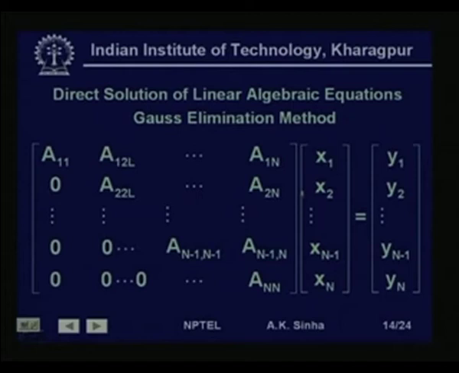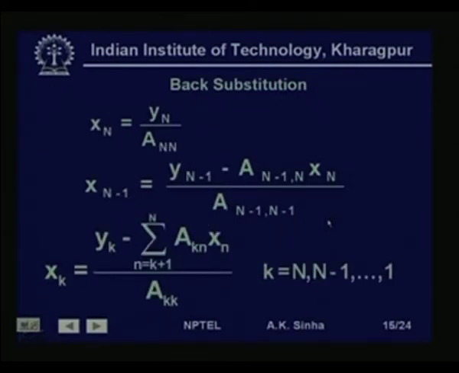We can proceed backward from the nth element, and finally go up to the first element, and therefore we can find all the unknowns x_1 to x_n. So, this is what we call the back substitution method.